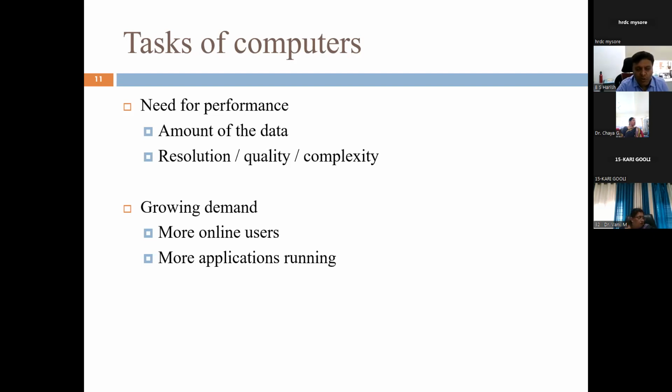Then we have something called growing demand. More online users every day are increasing over the internet. Similarly with applications, every minute there are many applications running into the market. But how to manage these things?